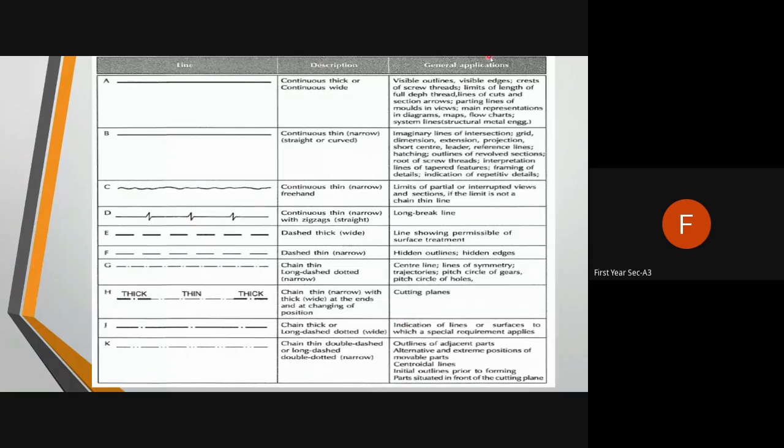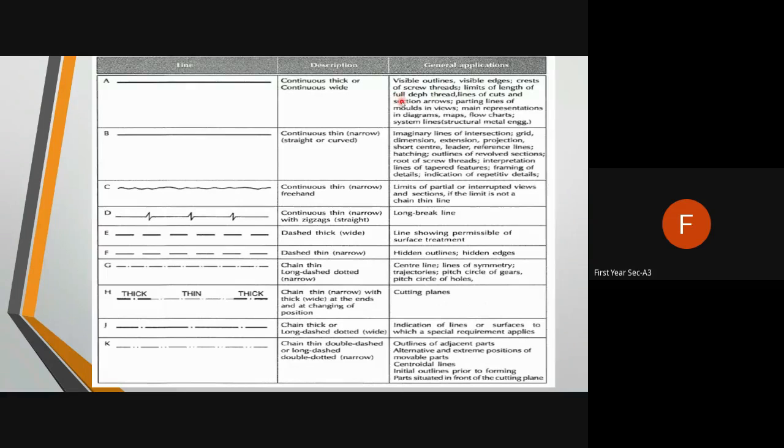Now this is the chart which is always asked in examinations, the types of lines. In this, there are three columns. In the first column, it is shown the type of line. Second column, description. And third column, some applications. So the first line is known as continuous thick or continuous wide. What is the application, or what is the use?